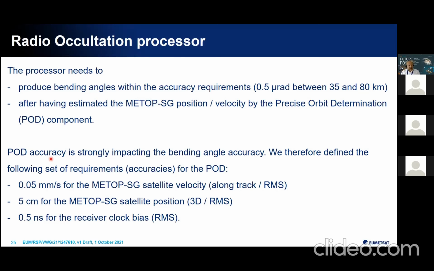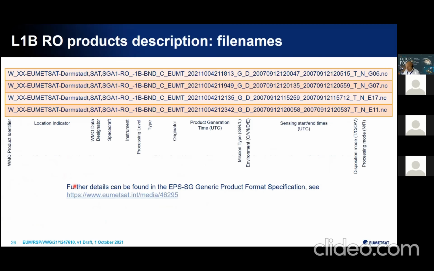So the POD accuracy is strongly impacting the bending angle accuracy, and we therefore defined the following set of requirements for the POD. It is 0.05 millimeter per second for the along track component of the velocity; this is a root mean square value. We need to know the position of the second generation satellite within 5 centimeter 3D position, and the clock bias within 0.5 nanoseconds.